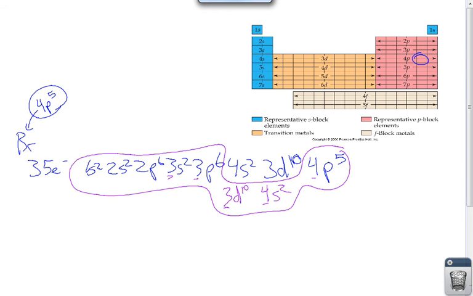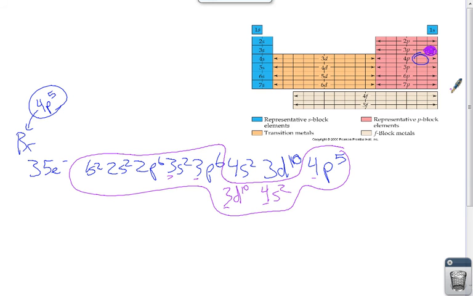Another thing we did a lot was noble gas configurations. That really simplified things. You always went to the previous noble gas, previous meaning the one that comes before it. So if bromine is most closely related to whatever noble gas this is, it always has to be a noble gas on the previous energy level.